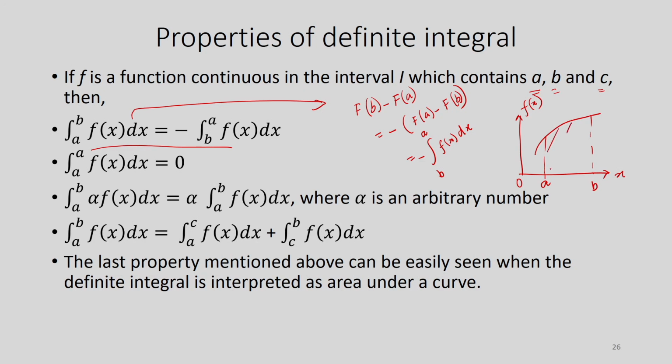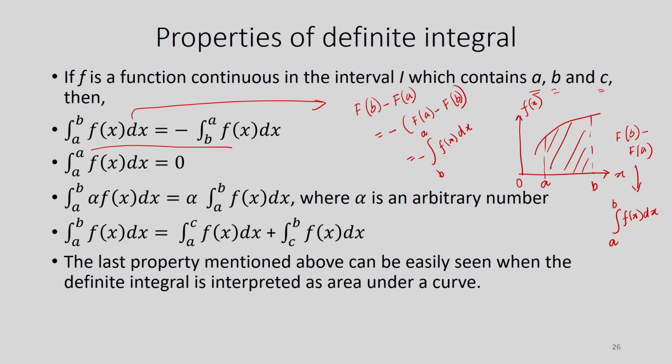Now, this entire shaded area is capital F b minus capital F a, and that is the same as saying that this is equal to the integral from a to b of f x dx.